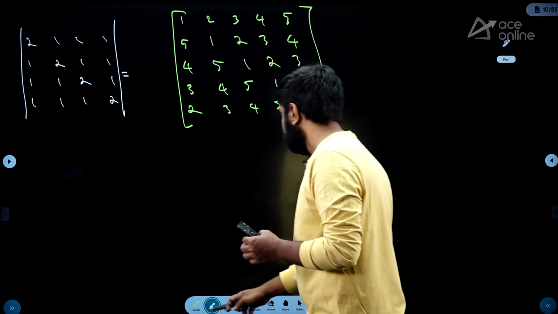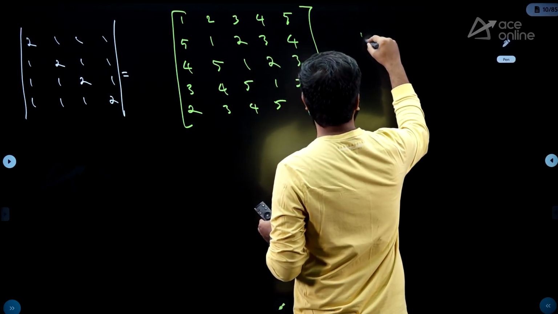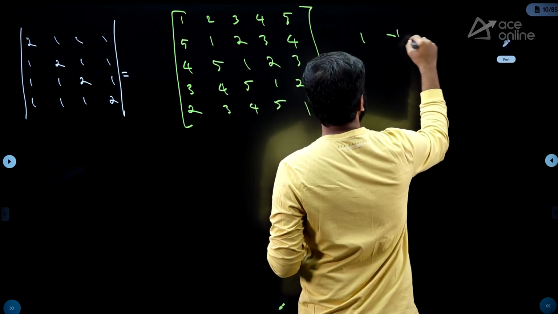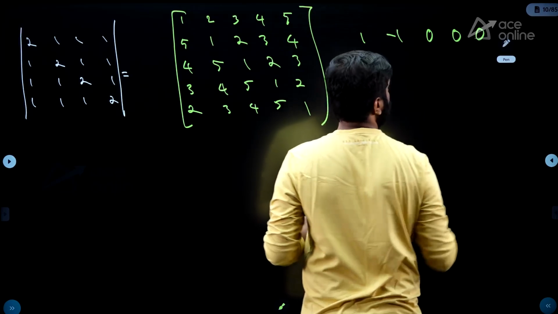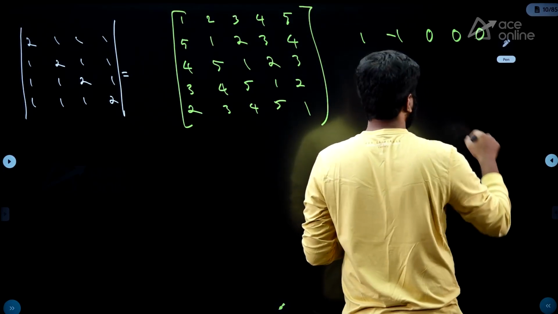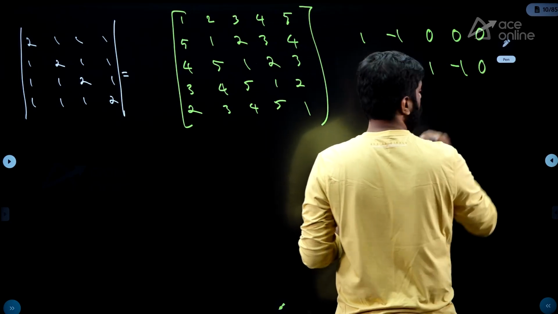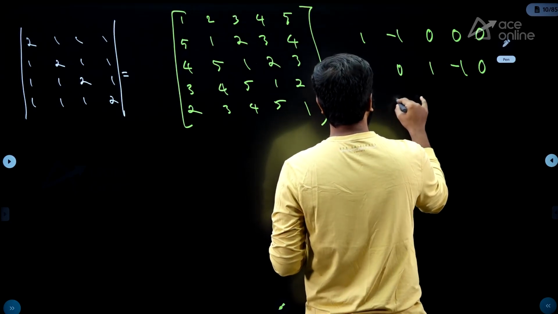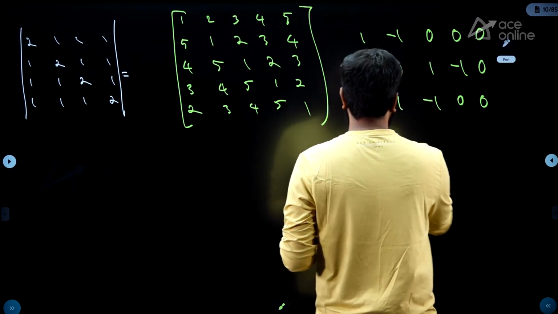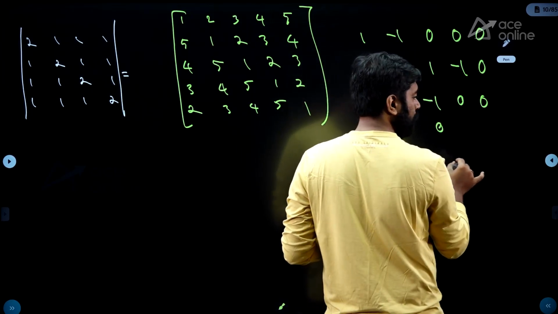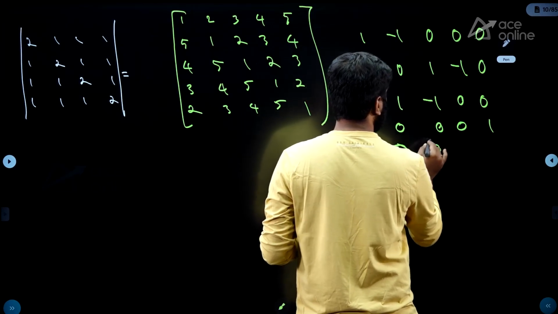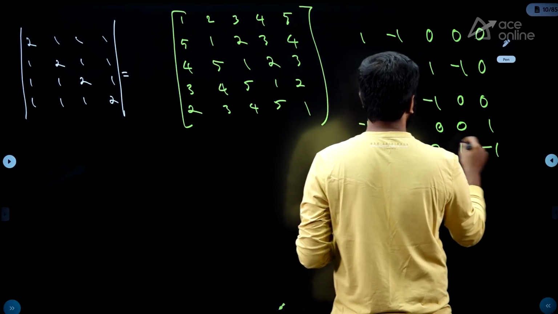This pattern was asked: 1 1 1 minus 1 0, then 0 0 1 minus 1 0, then 0 1 minus 1 0 0, then minus 1 0 0 0 1, and then 0 0 0 1 minus 1.